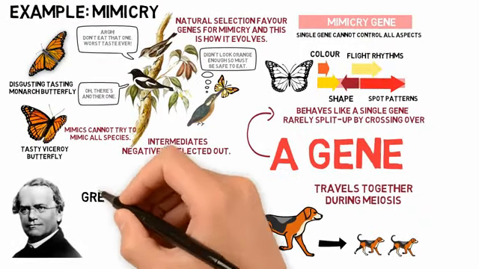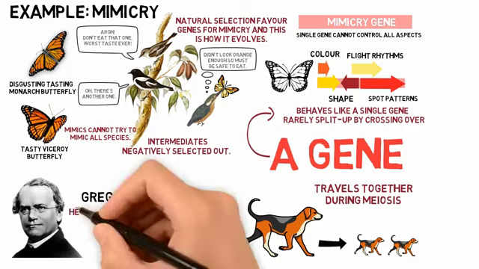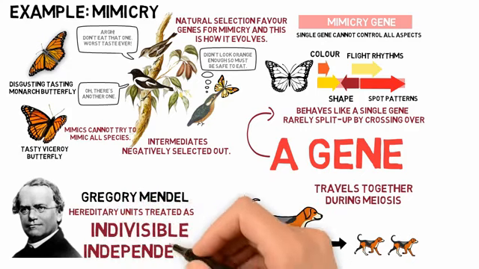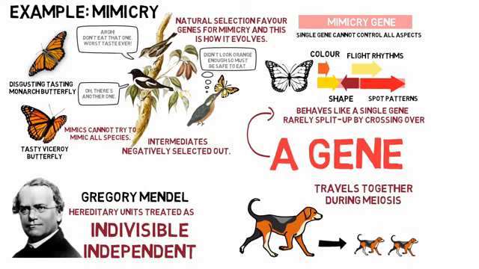Gregory Mendel stated that hereditary units can be treated in practice as indivisible and independent. Although cistrons are sometimes divisible and two genes on the same chromosome are not wholly independent, Dawkins' definition of a gene as a unit that is seldom divided, present or absent in an individual, and passes from grandparent to grandchild is close to the ideals of Mendelian inheritance.